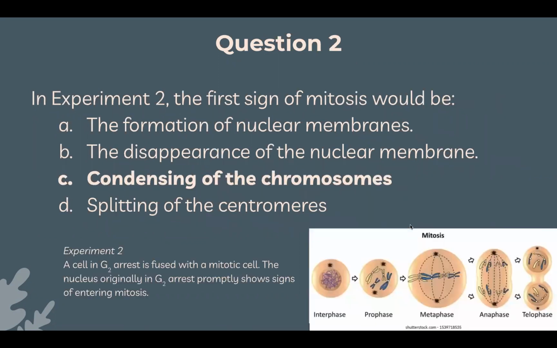In general, the first visible sign of mitosis is the condensation of chromosomes during prophase. So that's why C is our answer. The formation of nuclear membranes occurs during telophase. The disappearance of the nuclear membrane occurs during late prophase, and the splitting of the chromosomes occurs during early anaphase. So you can remember the acronym PMAT. The first stage is prophase, next is metaphase, next is anaphase, and then telophase.